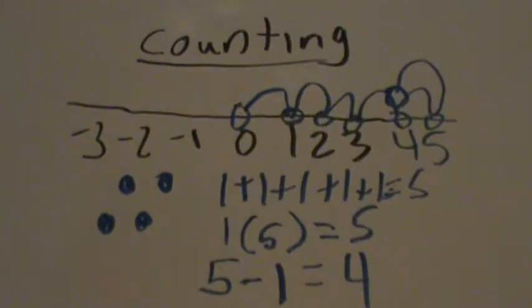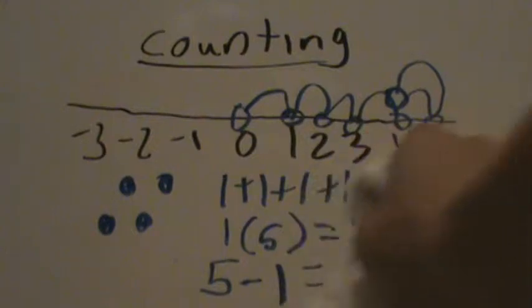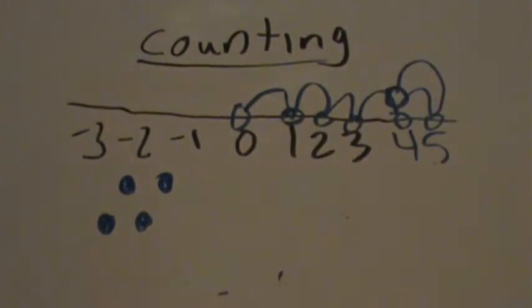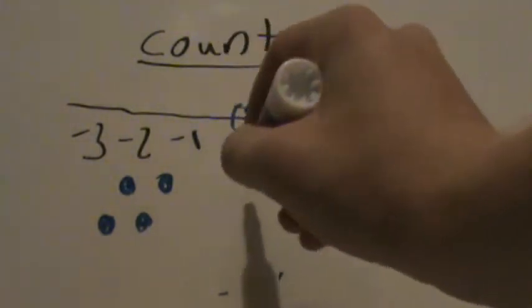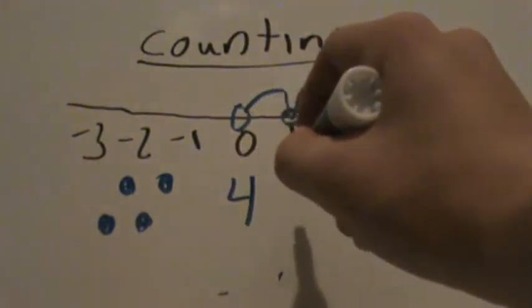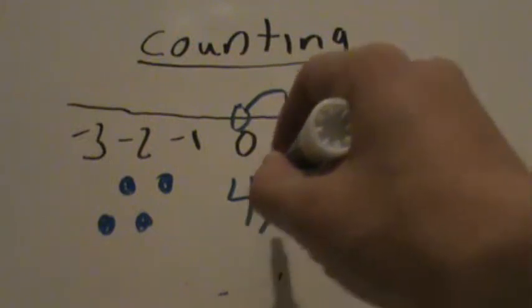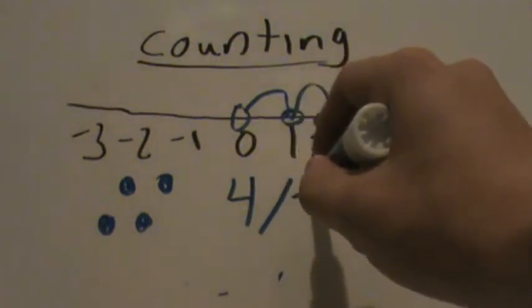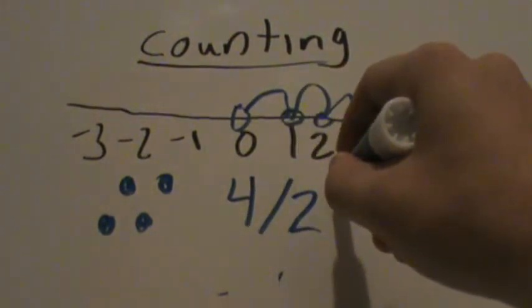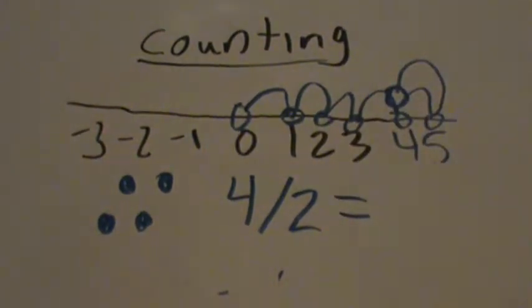So let's say we had 4 marbles, and we divided it into 2 equal groups. So what did we get here?